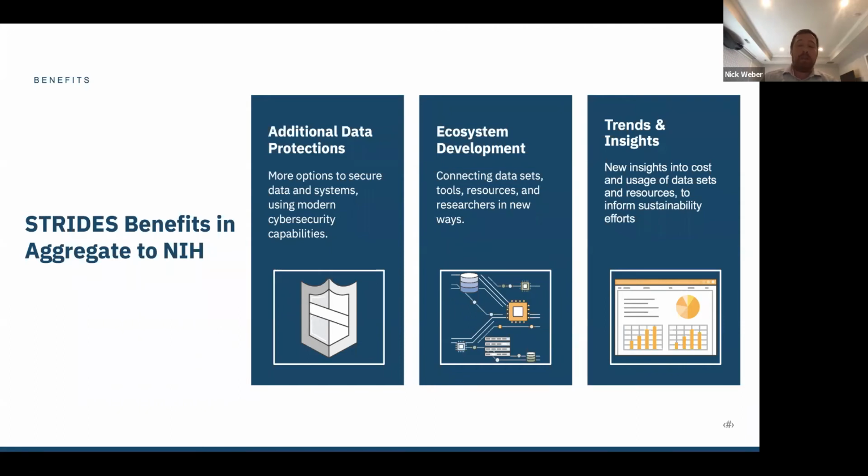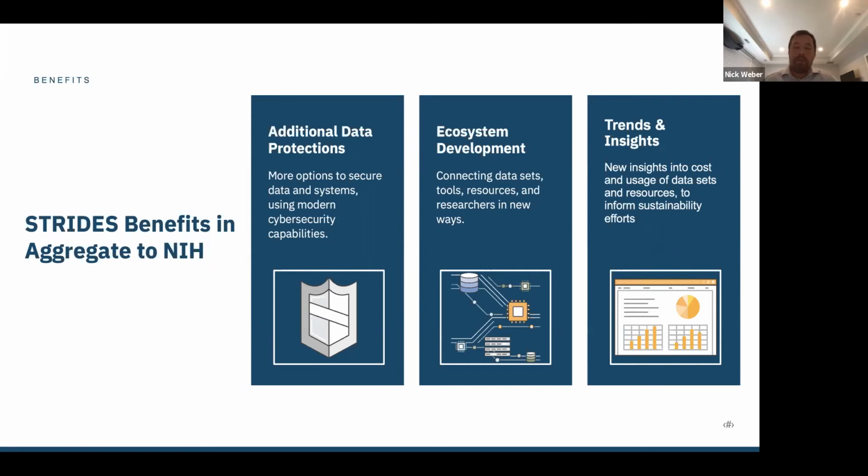We want to bring some of those data protections to scientific research data, where we need to maintain confidentiality, integrity, and availability. We also see ecosystem development possibilities: the more researchers build in consistent ways on the cloud, using standards and common approaches and tools, the more we can connect data resources and make it easier for new research data sets and research programs to plug in.